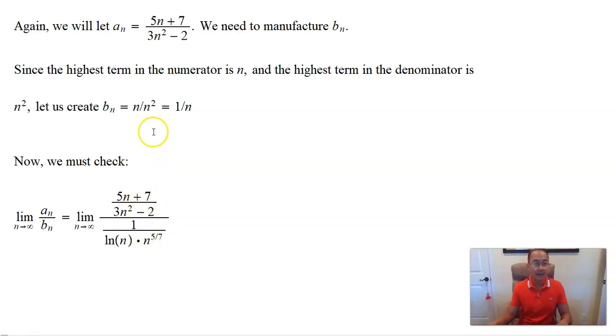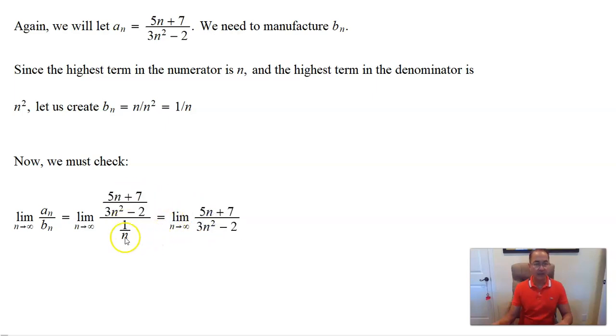In the denominator, we should have 1 over n. Again, we have to do some simplification. So we will get the limit of the numerator, and then we will flip the denominator. So that's simply times n.